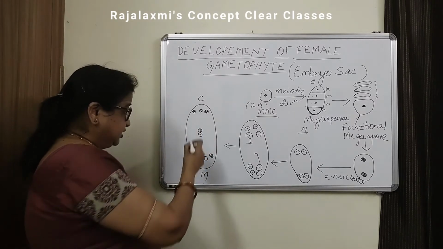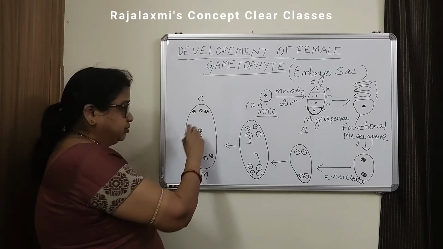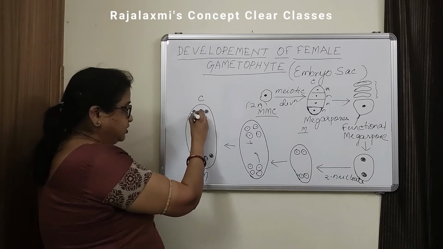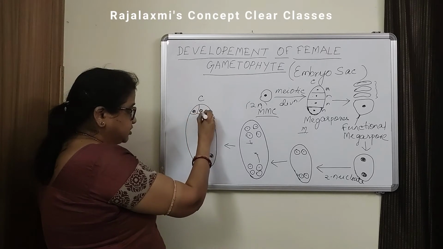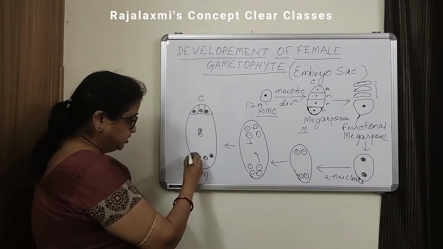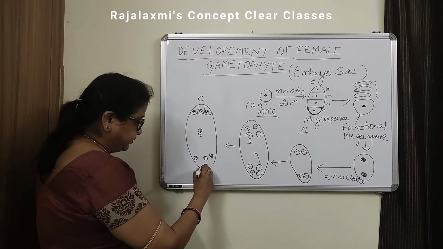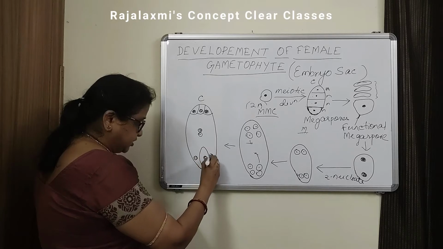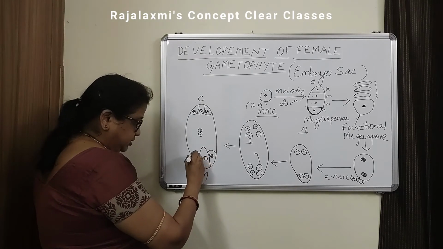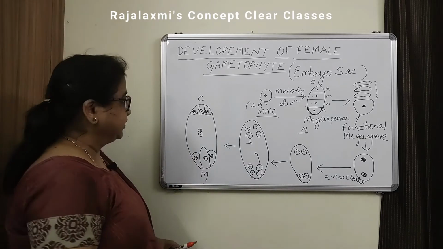Then after this arrangement, wall formation starts around the nuclei. Here the wall formation starts to form 3 cells. Here also the wall formation starts forming 3 cells.